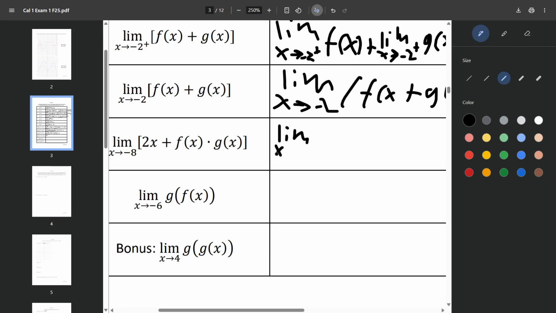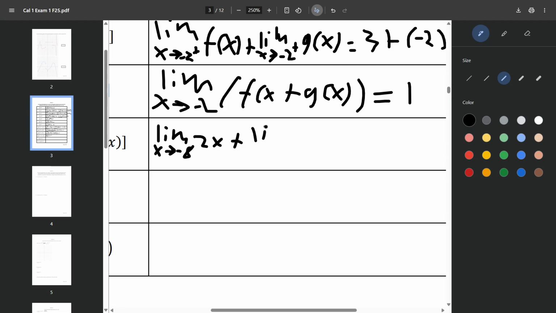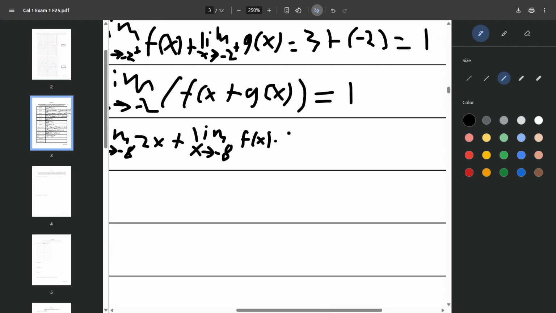The limit of x approaching -8 of 2x plus the limit of x approaching -8 of f of x times the limit of x approaching -8 of g of x.